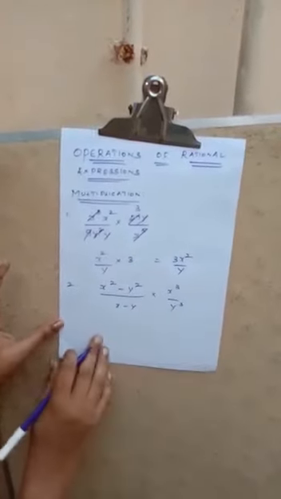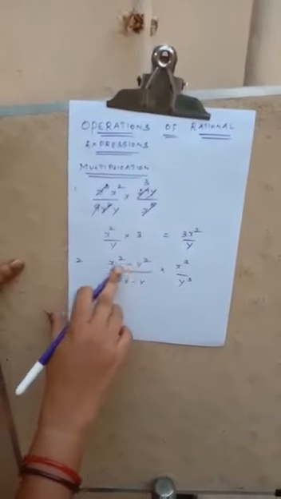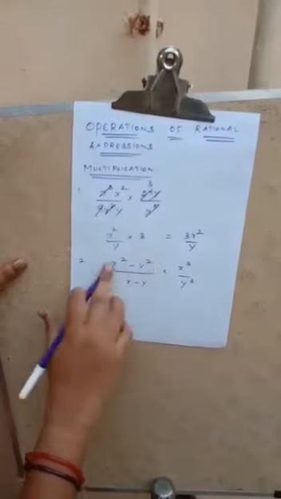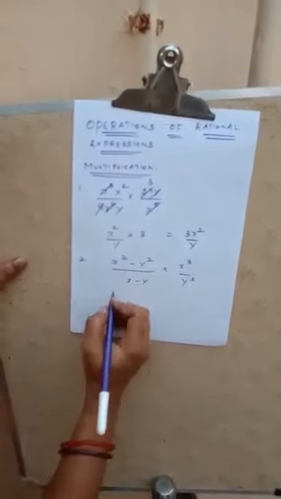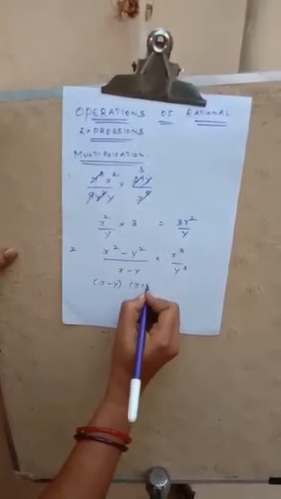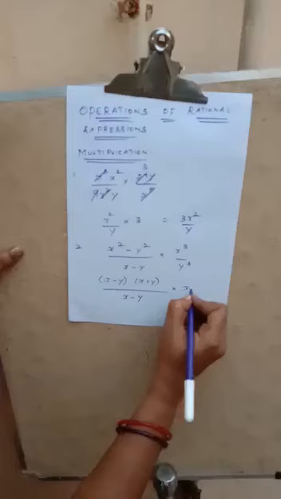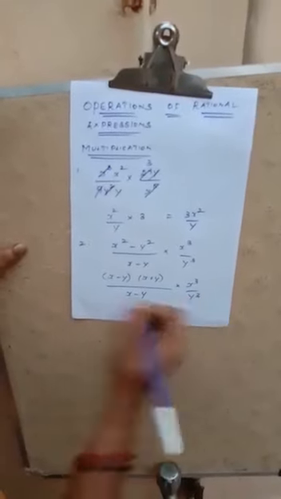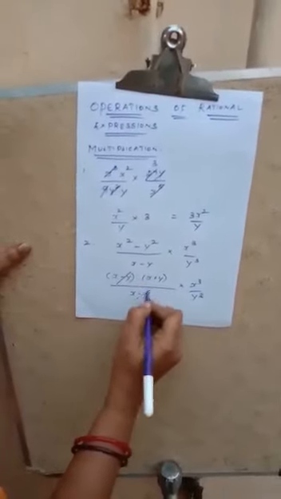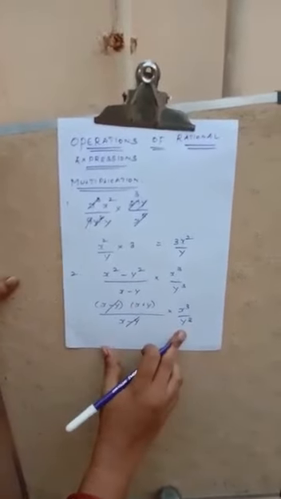Here x square minus y square is nothing but the a square minus b square formula. So how can you split this term? It will come as x minus y into x plus y divided by x minus y into x cube by y cube. Here we can cancel x minus y and x minus y. The remaining terms I get are x plus y into x cube by y cube.